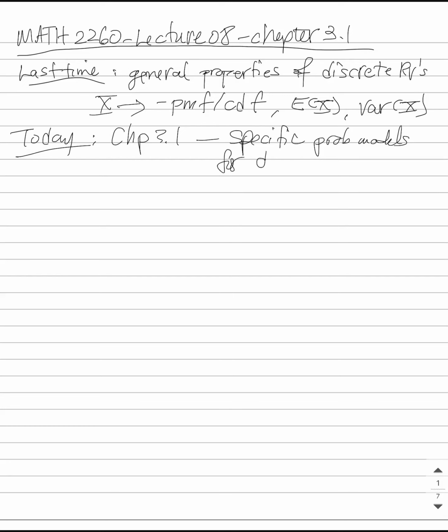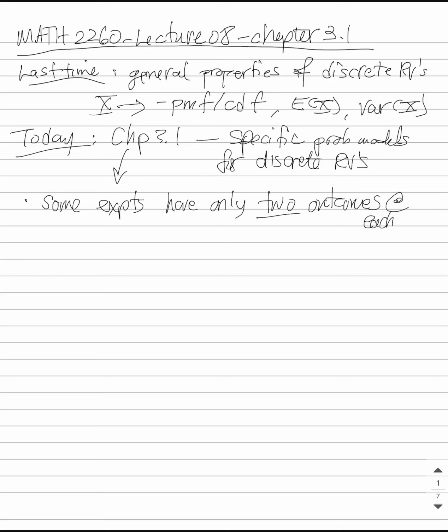for discrete random variables. Today in particular, we are going to talk about one that's really important and very common. Some experiments have only two outcomes at each stage. The most common one is a coin flip, right? It's either heads or tails.